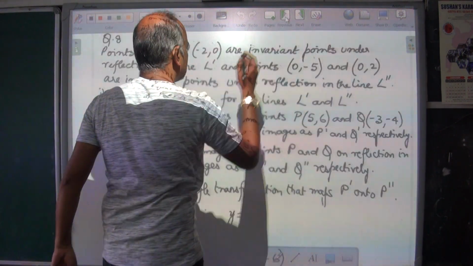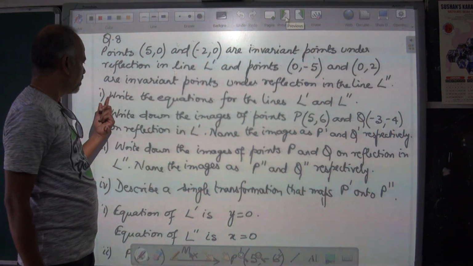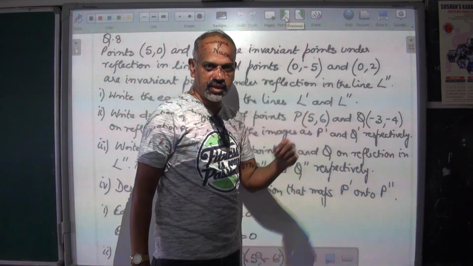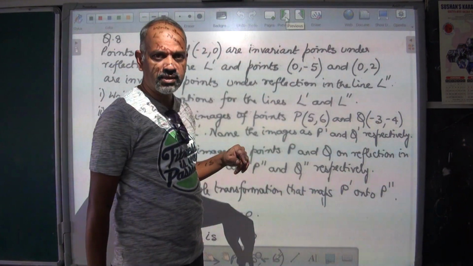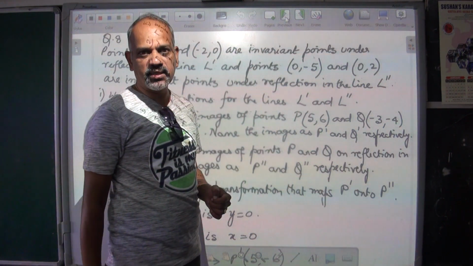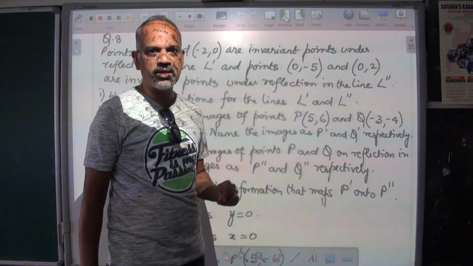Okay. Back to the question. Question 1. Write the equations for the lines L dash and L double dash. In the previous class, when I gave you the homework, I told you the x-axis has equation y is equal to 0 and the y-axis has equation x is equal to 0.